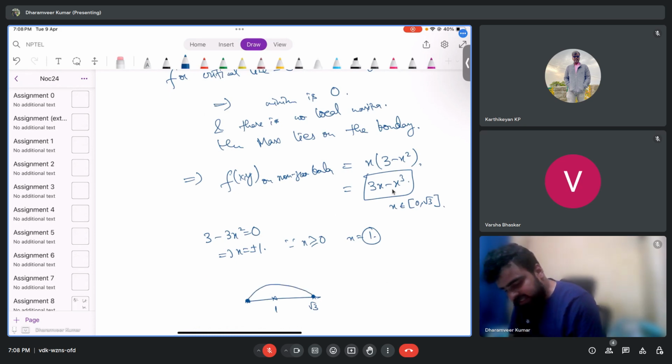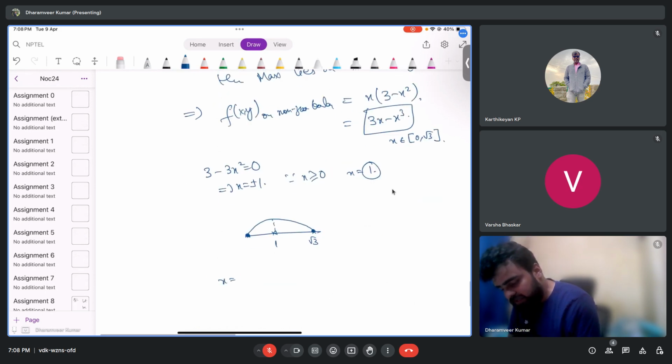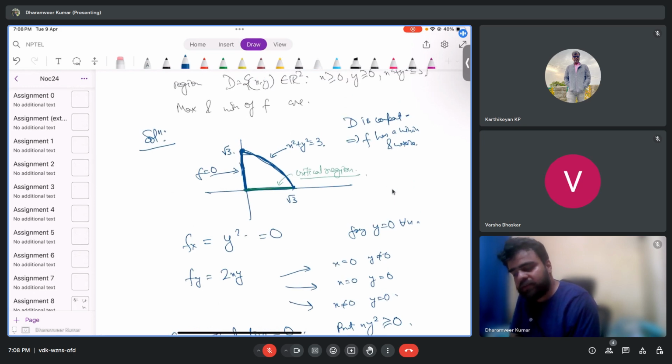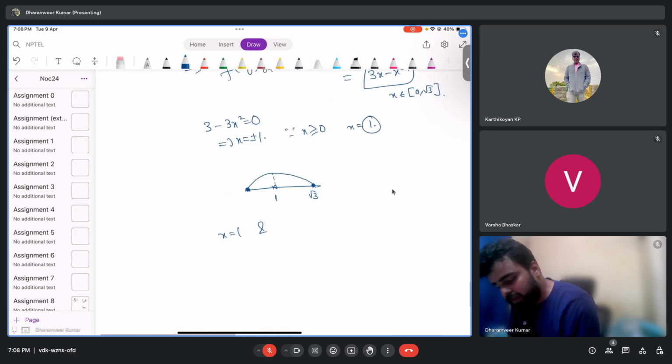So at x equal to 1 something happens, and what is the corresponding y? At x equal to 1, y will be root 2. So f of (1, root 2) is what? 2.